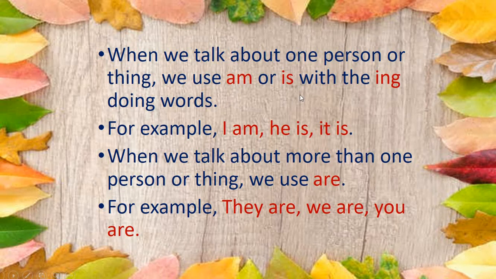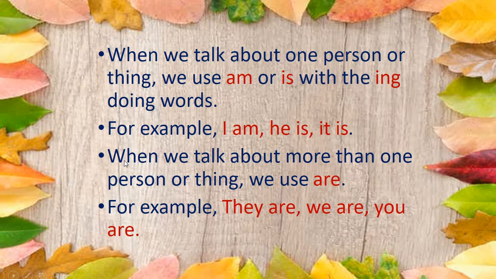I am writing, I am reading, I am playing. We can use is ing. He is writing, he is playing. Now it is. Here the examples are given. It is walking, it is playing.